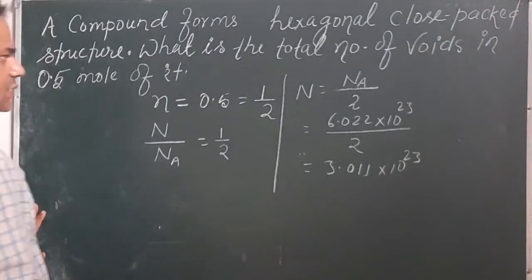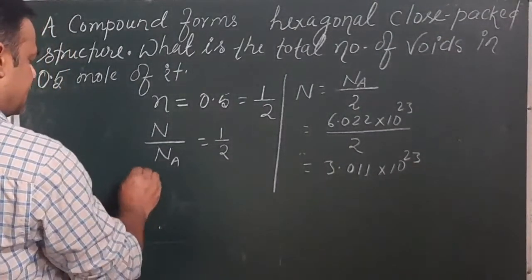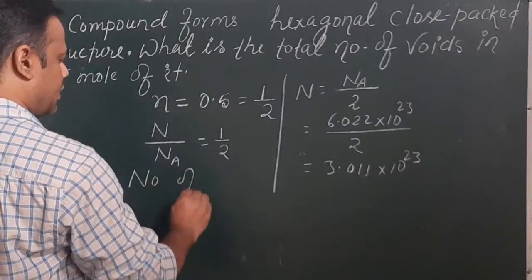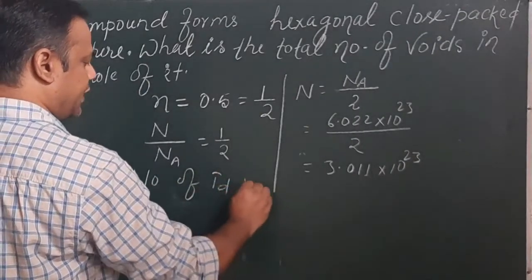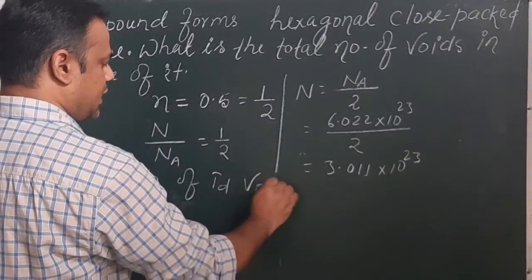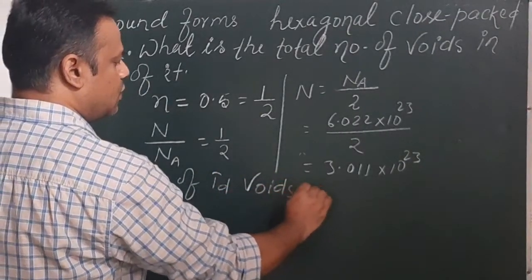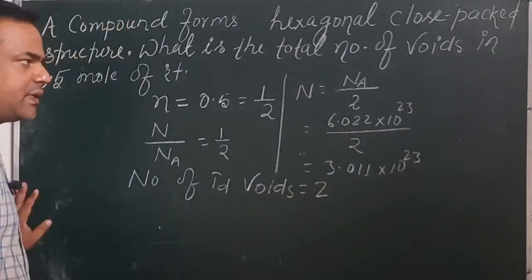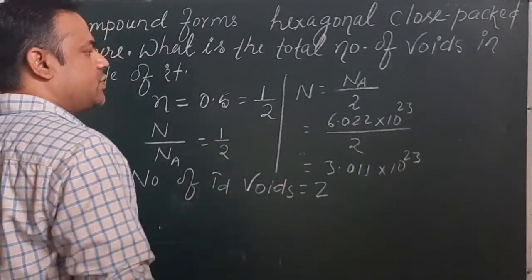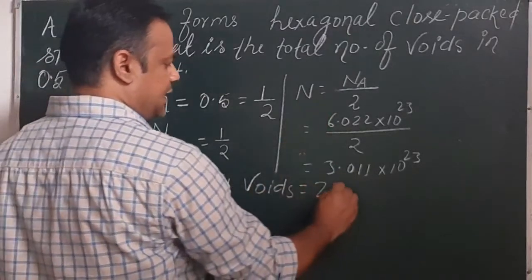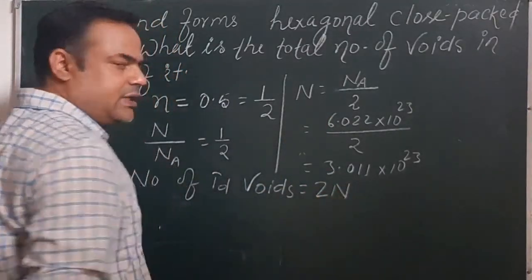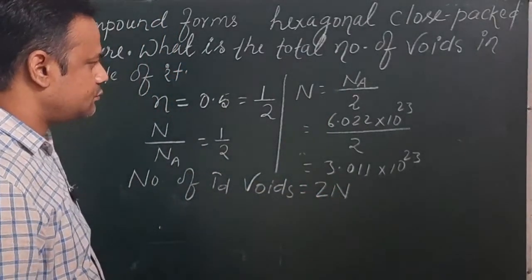Then we have learned previously that the number of tetrahedral voids is given as 2 times the number of constituent particles. So if the total number of constituent particles is n, then the number of tetrahedral voids will be 2n.